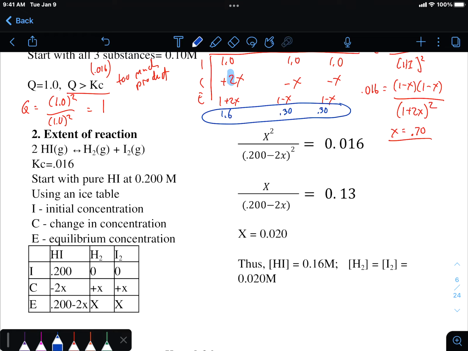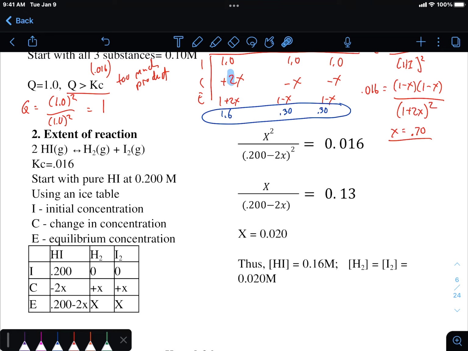So this next problem is a very similar problem. Actually, no, it's not. I'm sorry. We have an initial concentration of HI only. You're starting with this, and because you don't have any of the products, we know that we will be adding to the product side. Based on stoichiometry, we know that we're going to be subtracting the quantity of 2x. Once we set up our law of mass action, because the Kc is known, in this case we have a perfect square situation.